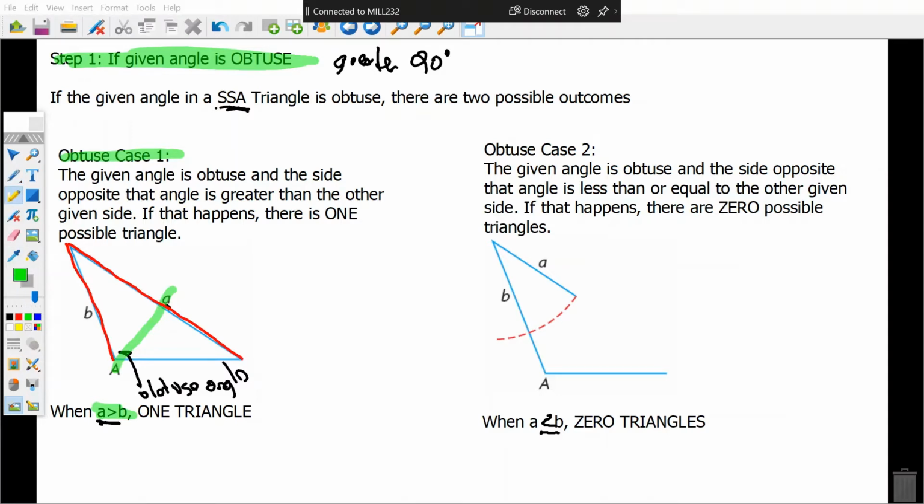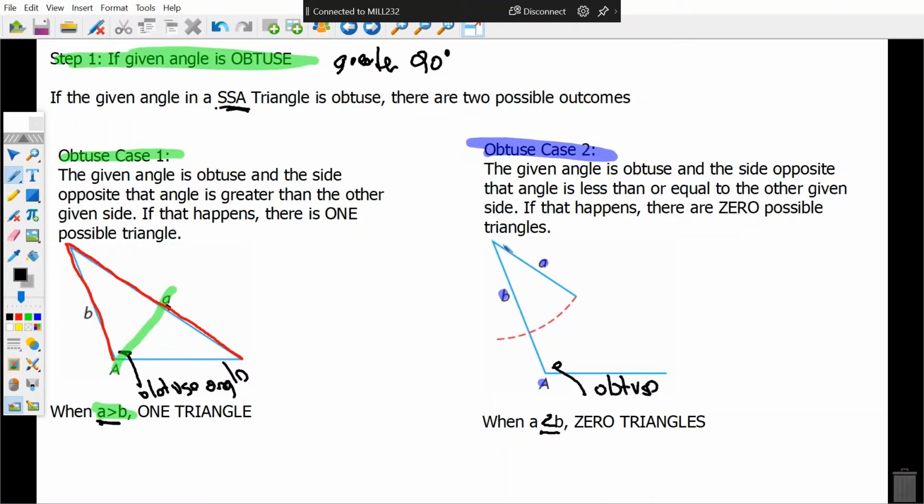Obtuse case number two says that the given angle is obtuse and the side opposite that angle is less than or equal to the other given side. If that happens, there are 0 possible triangles. So once again, here we've got a side-angle given, and this angle here is obtuse.